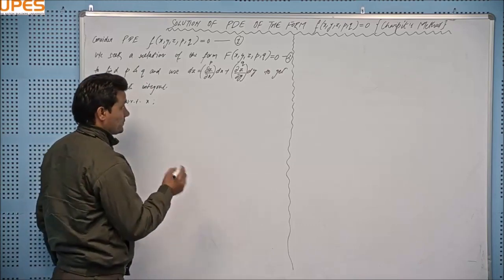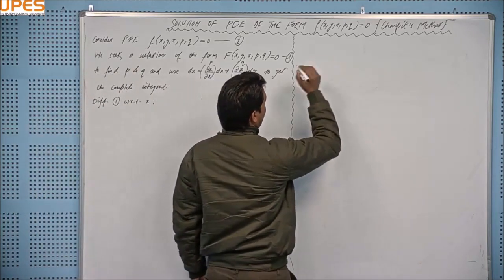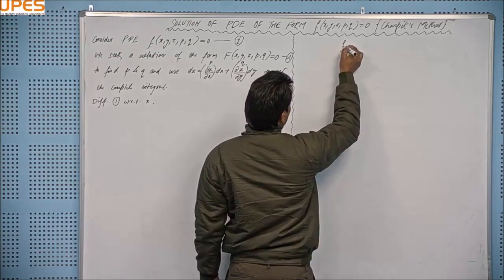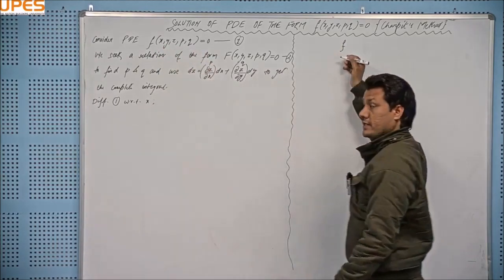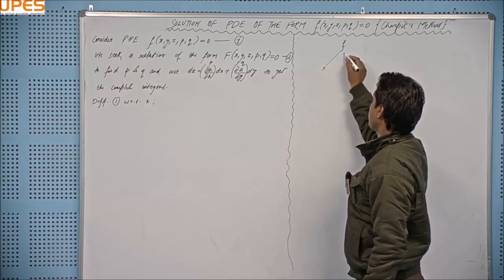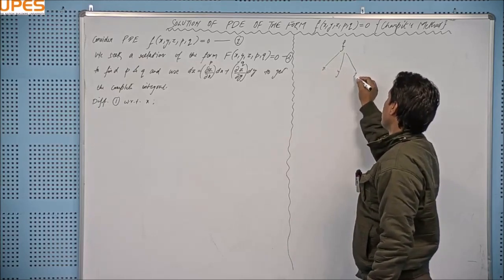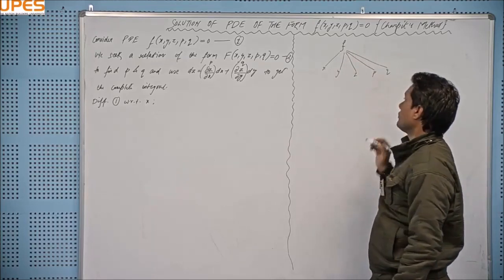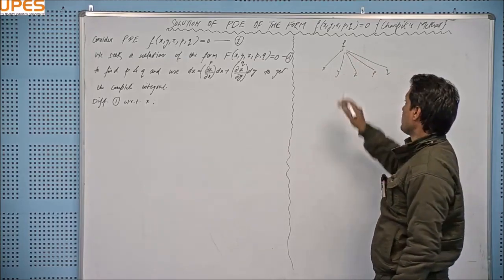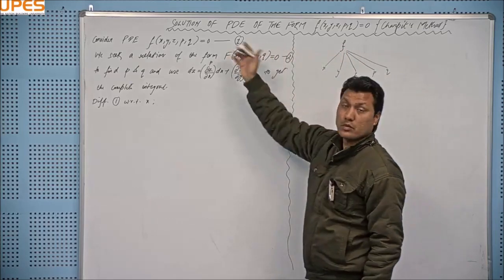Let me draw it here. I will write f, and see that f is a function of x, y, z, p, q. This is obvious from this equation number 1.